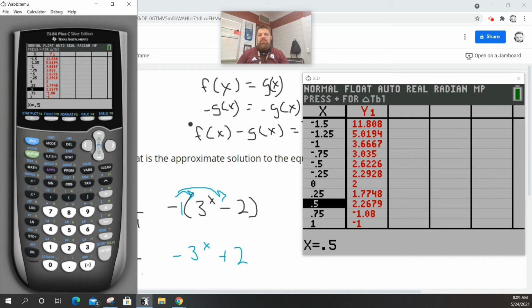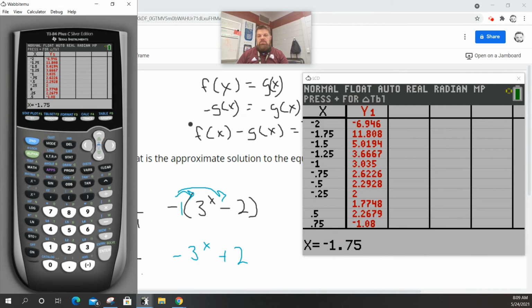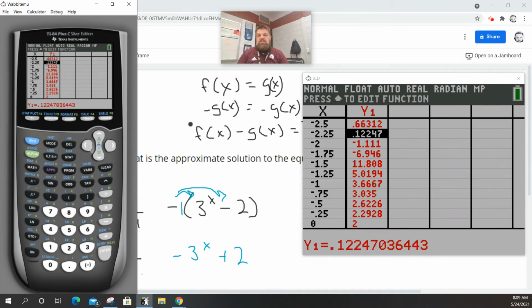But this is not really close to 0. What I'm looking for is a y value that's really close to 0. So it goes from negative 1 to positive 2, and that doesn't help. It means it gets close. But what I'm really looking for is a value that's really close to 0.